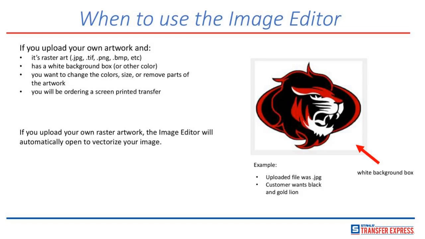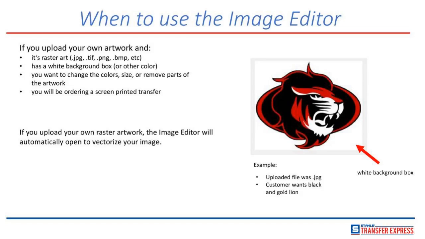Now, the good news is we at Transfer Express know that you don't want that there. But when you're trying to design a t-shirt on the online designer and you might want to show your customer the design you've put together, that white square is annoying because it's not part of the artwork. So the beautiful thing about the image editor is when you vectorize this lion, that white square becomes a thing that you can get rid of.